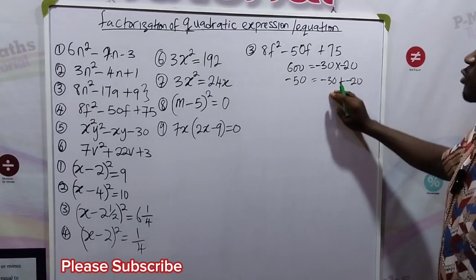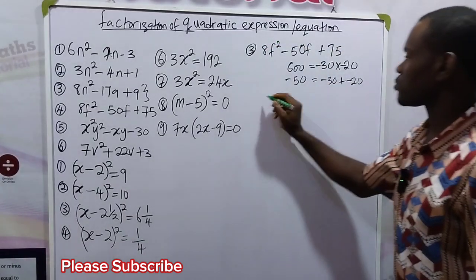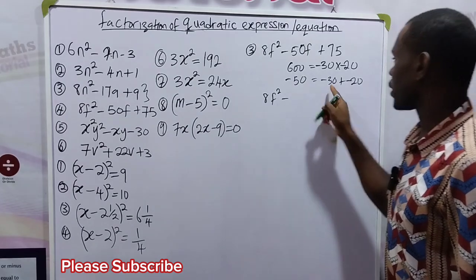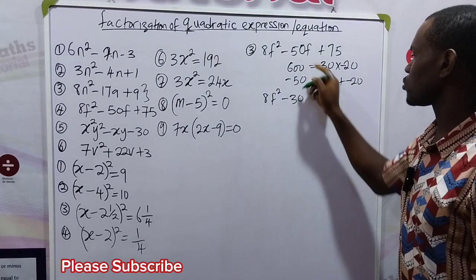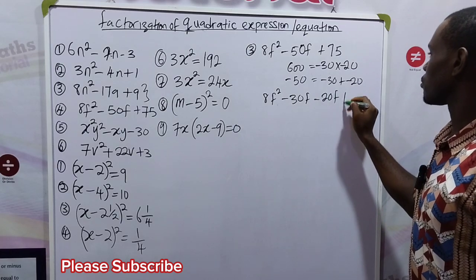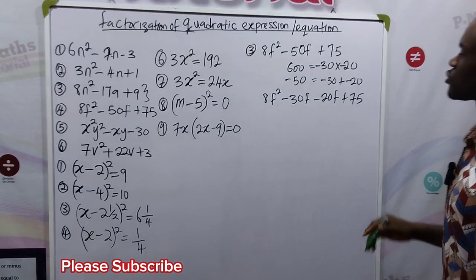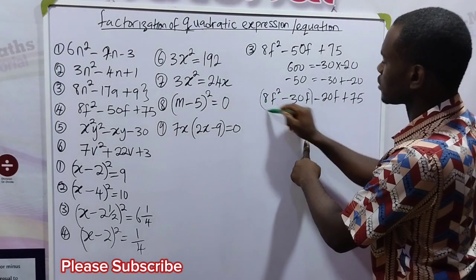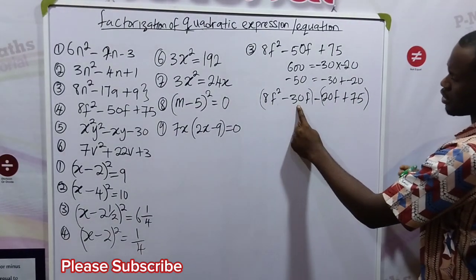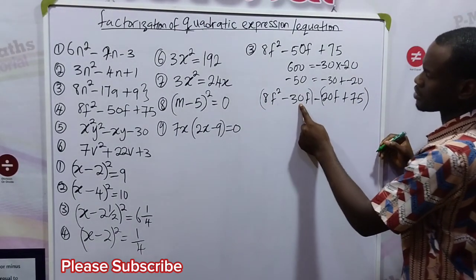So having gotten the factors, let's substitute in this expression. This is 8f squared minus 30, put your f, minus 20, put your f, plus 75. So let's group into two brackets and factor out common terms. What do we have common here and here? What number can divide 8 and also divide 30?